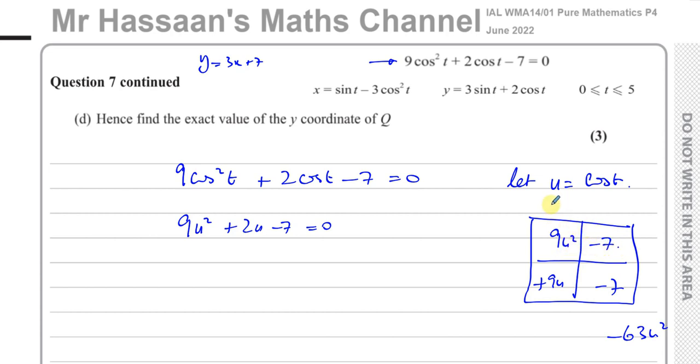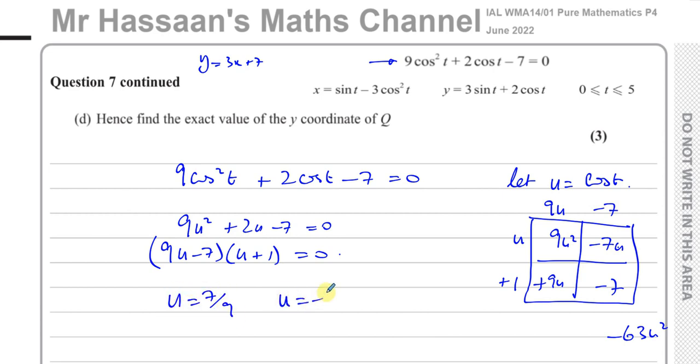So the common factor here is 9u. 9u times u is 9u squared. 9u times plus 1 is 9u, and u times minus 7 is minus 7u. So we end up with 9u minus 7 and u plus 1 equals 0. So we can say u is equal to 7 over 9 and u equals negative 1.